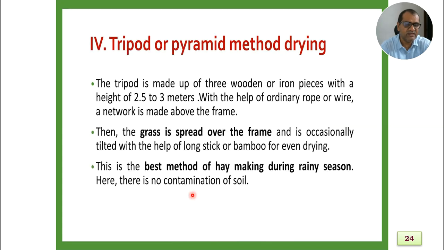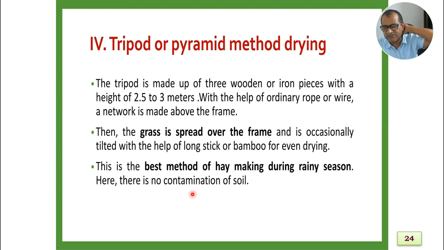The tripod method is another method, in which three wooden or iron pieces with a height of 2.5 to 3 meters are taken. With the help of ordinary rope or wire, a network is made above the frame.